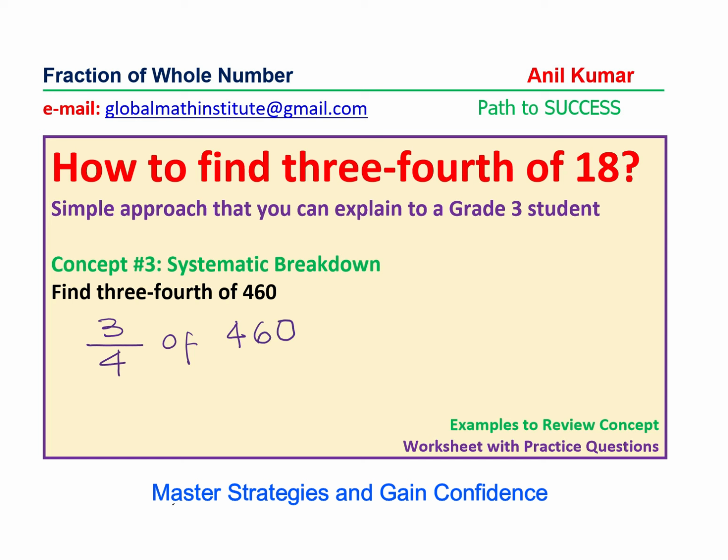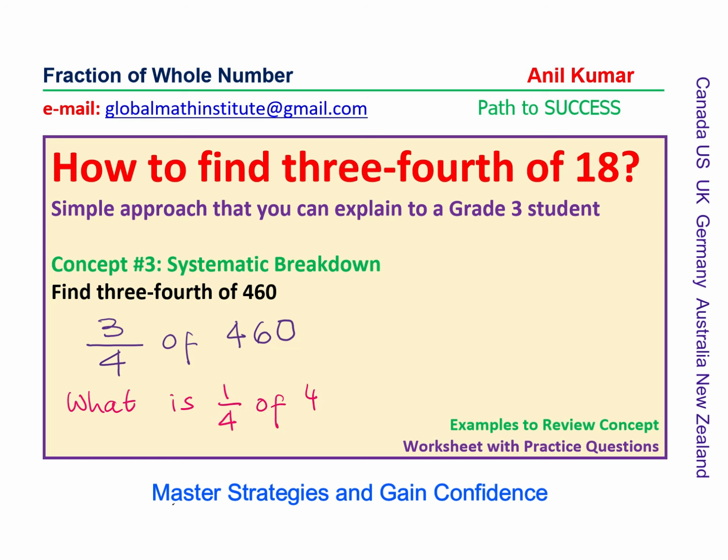Systematic breakdown makes sense here. 3/4 of 460 means what we could do here is first we have to find what is 1/4 of 460, and then we are going to multiply this by 3 to get our answer. Makes sense, right? So that is our strategy.